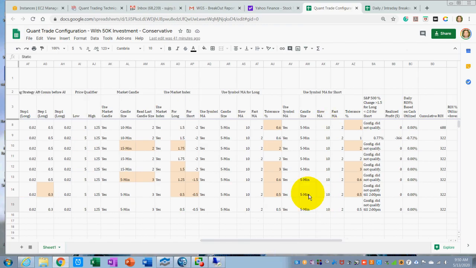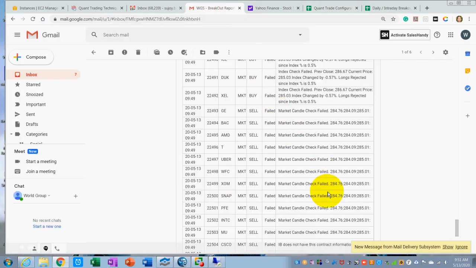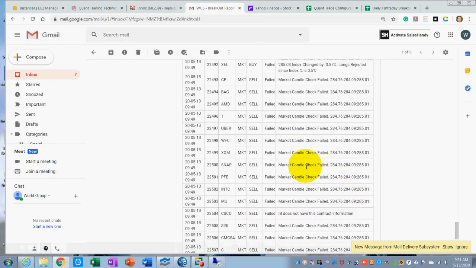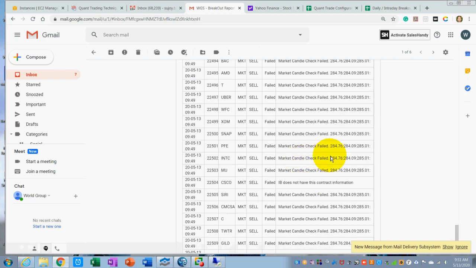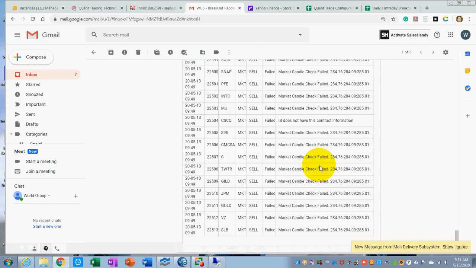So this is where we are stuck at this point of time. From the short side, it is supposed to look at 5 minute bars of 10 and 2 moving average with a tolerance of 0.5. It is still looking for those types of qualifications on the market candle, so it is not getting that.